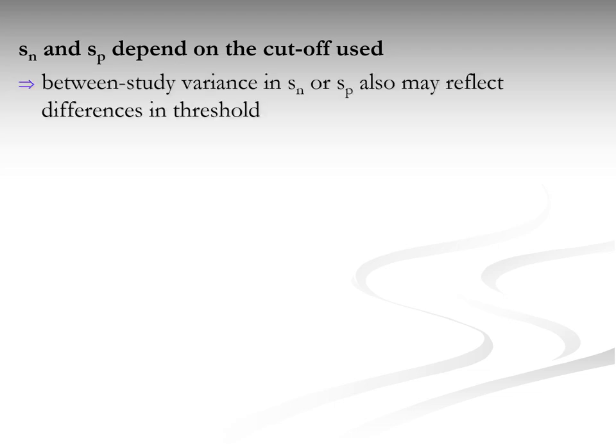So the sensitivity and the specificity depend on the cutoff used. So this means that the results of the meta-analysis are not that interesting, in the sense that variances in specificity and sensitivity may not reflect true differences between the study findings, but may rather reflect the difference between studies in the threshold that is used.